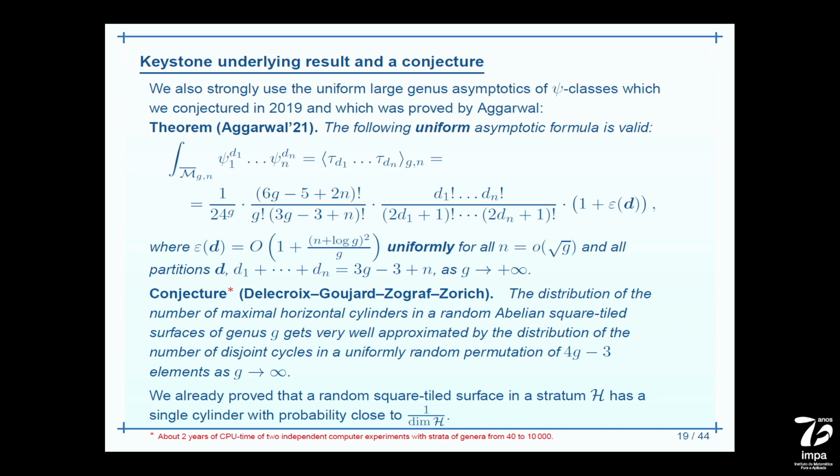On the right are the notations which mathematical physicists use for the very same object, and they are called Witten-Kontsevich correlators.